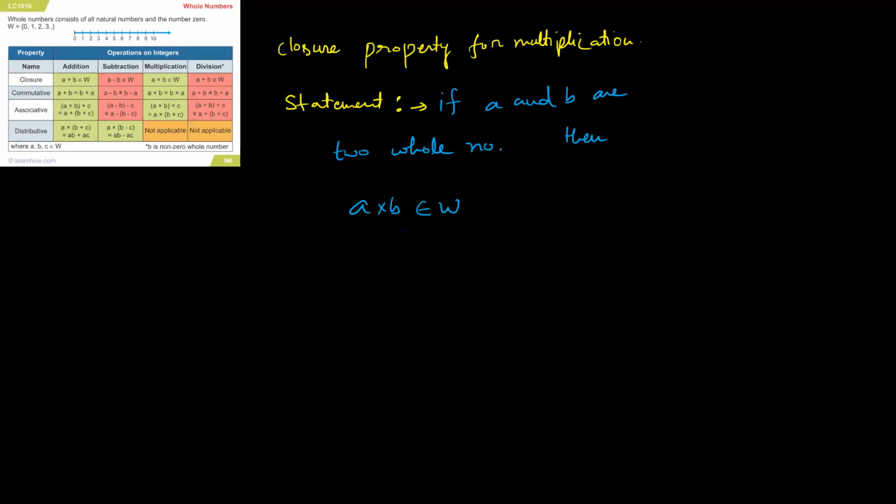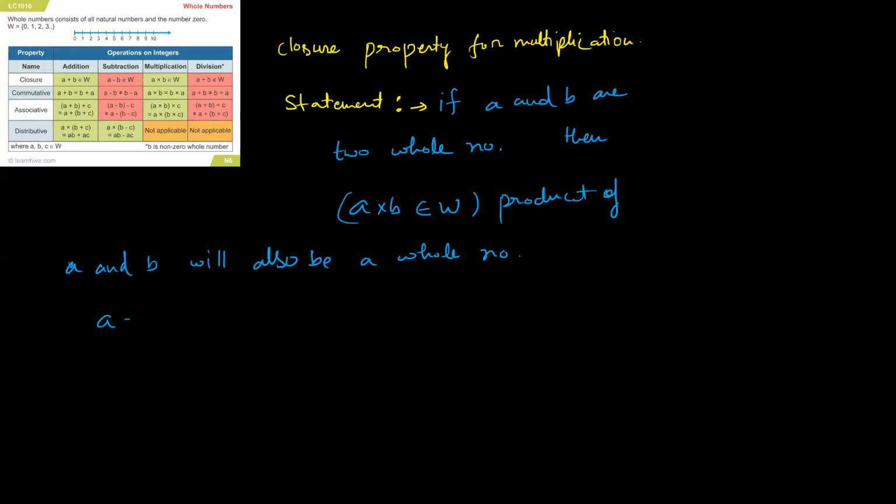Then A multiply by B means the product of A and B. Product of A and B means multiplication of A and B will also be a whole number. Is it okay? For example, how to prove this?